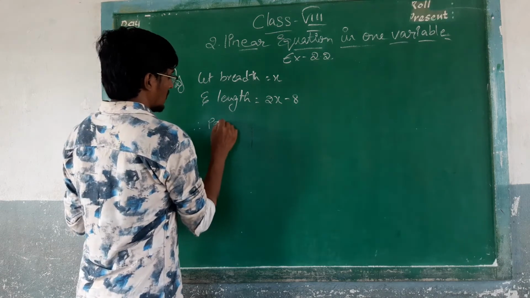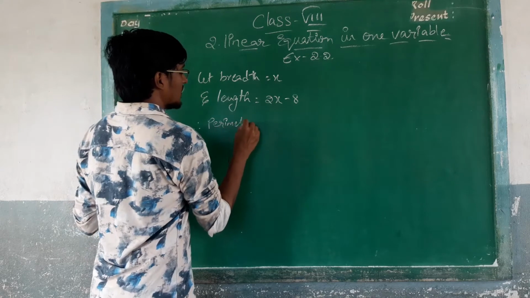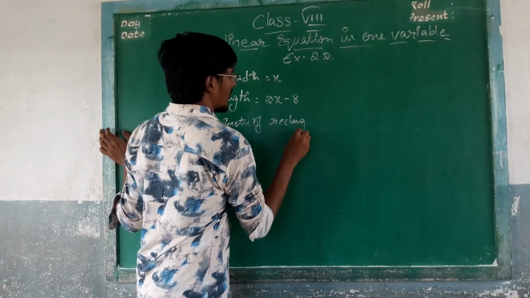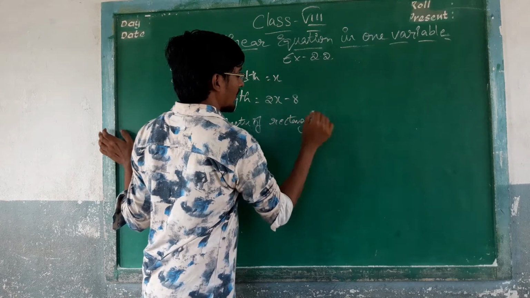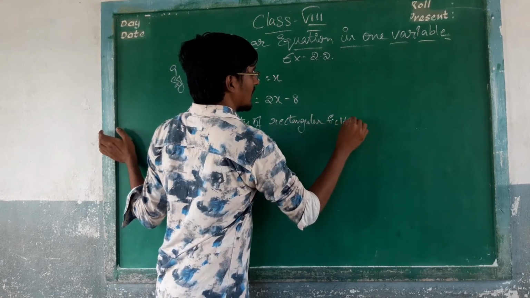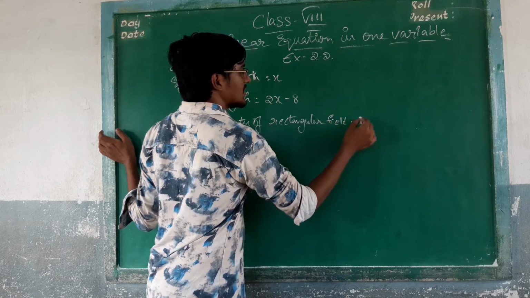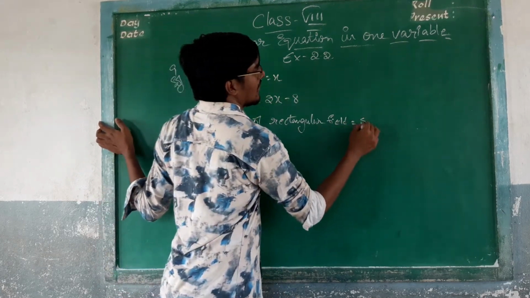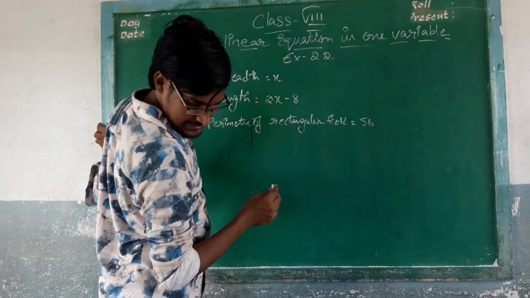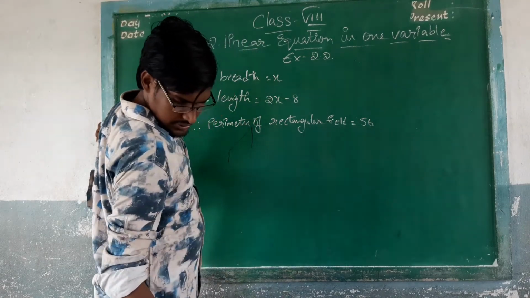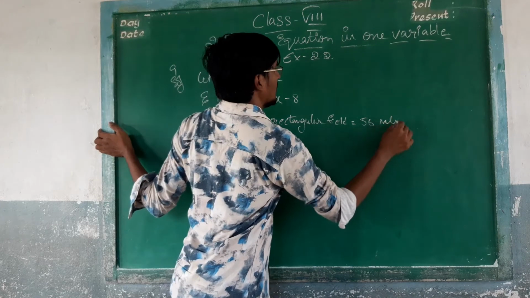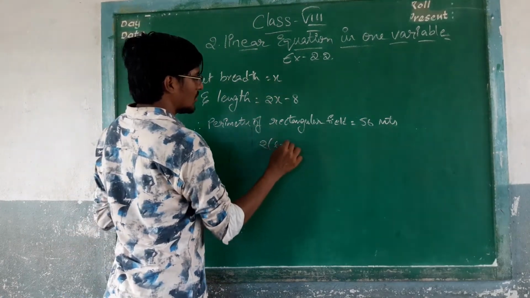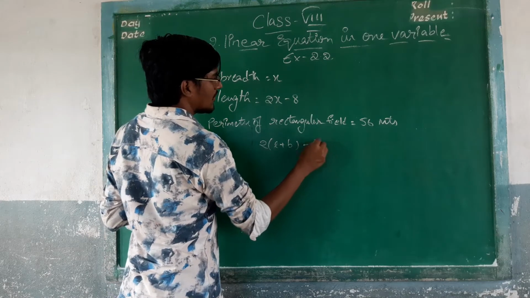Therefore, perimeter of the rectangular field equals how much? What is given? 56 meters. So the perimeter of a rectangular field formula: 2 into (l plus b) equals 56.